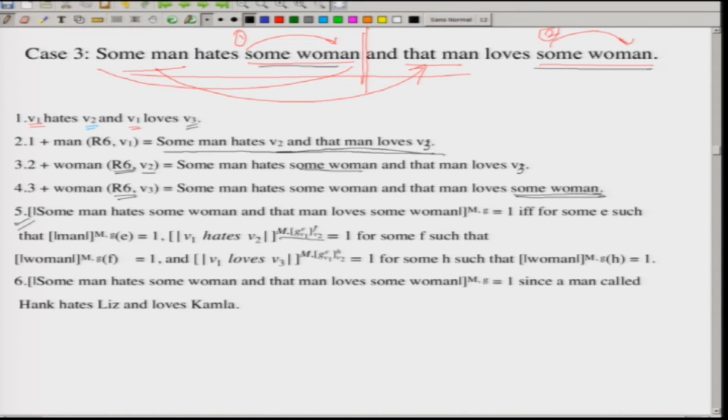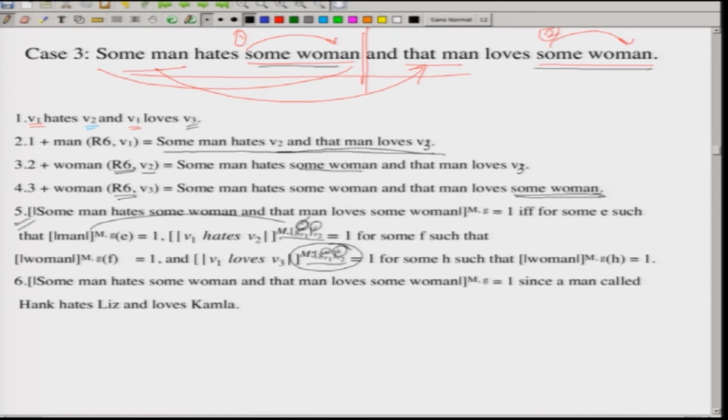So, actually we have 2 things, E and F. So, E goes to man and F goes to woman, and then V1 loves V3 with respect to, once again, this complicated thing, that is M, G E V1 and H V2. Now, the E is the same, because you see that man, so it is some man, that man, but here it is F, here it is H, because these 2 have to be different.